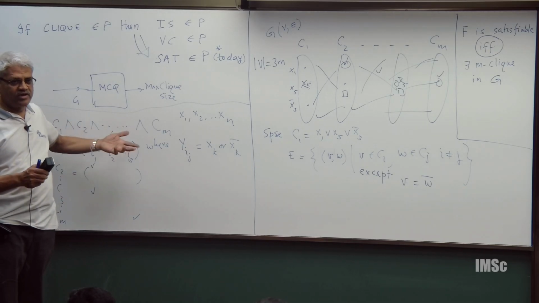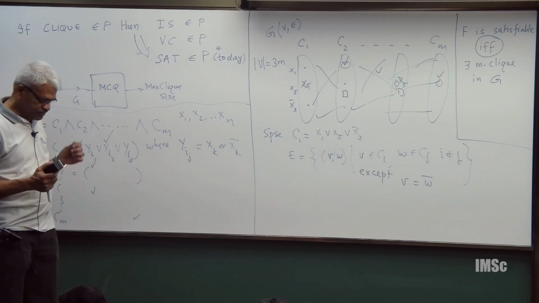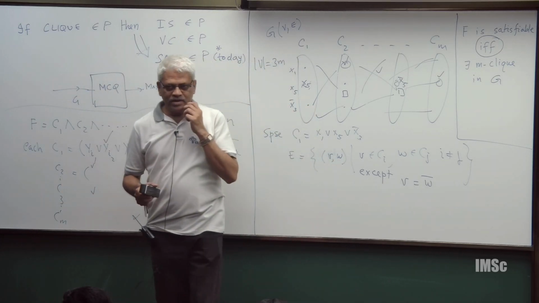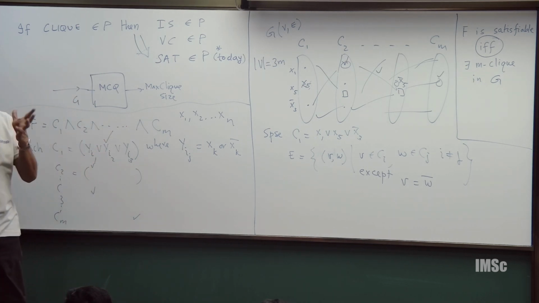So, how can I convert them into a decision problem? Is the max clique k? Sort of, but instead of asking is the max clique of size k, I would ask, is there a clique of size k?